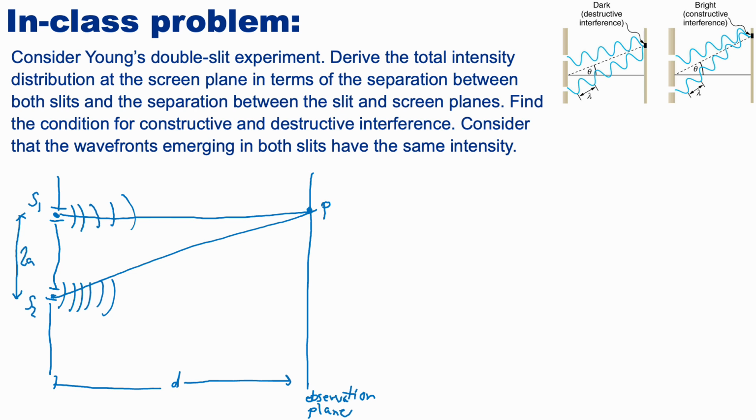So here we have R1, the distance from the first point source to the observation point. And here we have our distance R2, from our second point source to the observation point, right? And the idea is that d is much bigger than 2a.